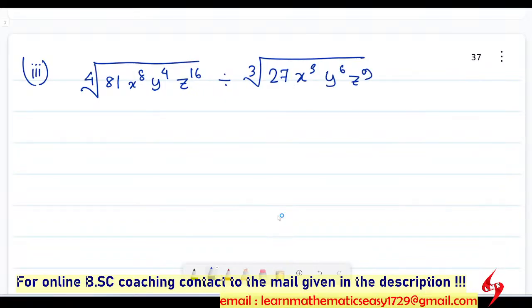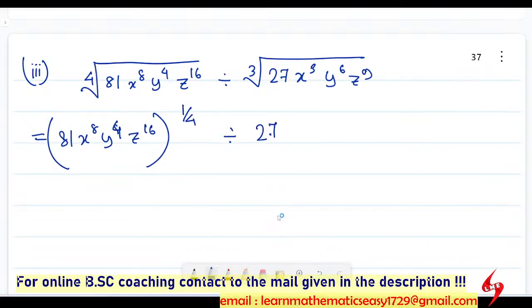Here I'm just following the process, step by step. Power will be 1 by 4. Here the division 27 x to the power 3 y to the power 6 z to the power 9, 1 by 3.